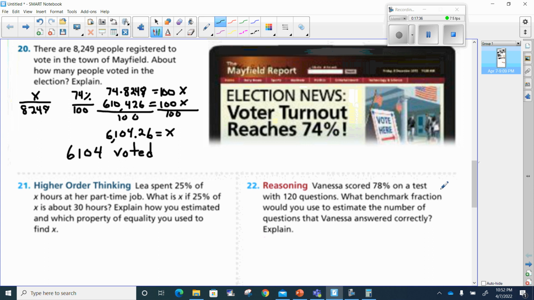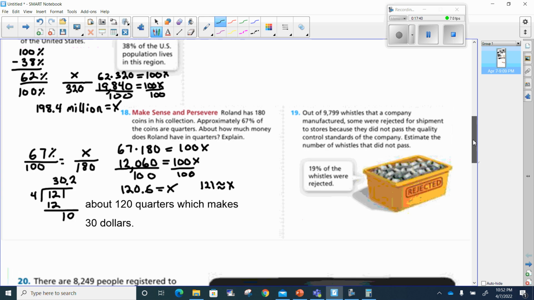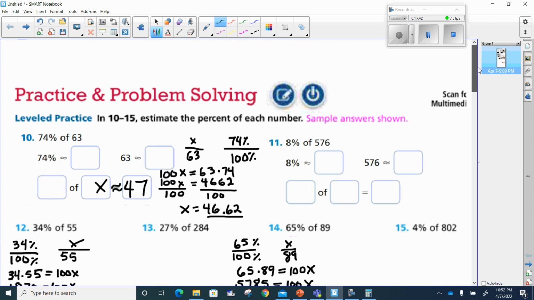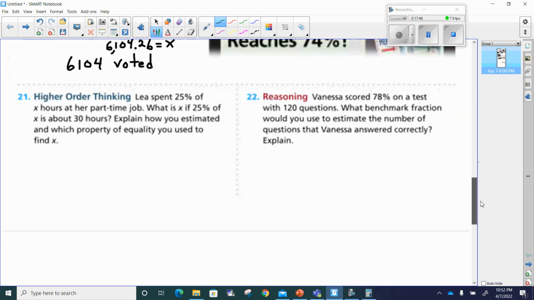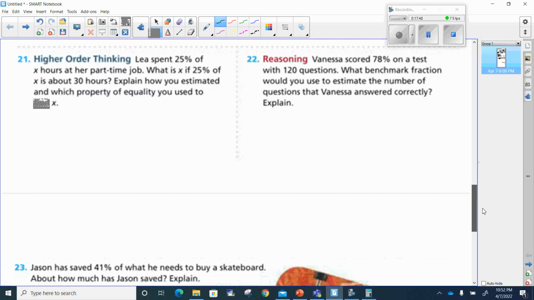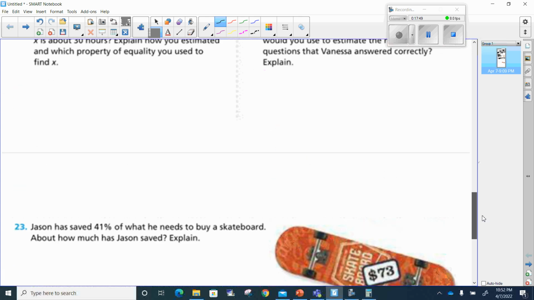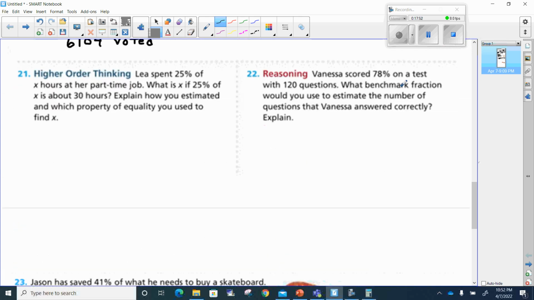All right, let's go to number, was I supposed to do 20? Yeah, I had all the even ones, so I guess I'm doing 22. Vanessa scored 78% on the test with 120 questions.